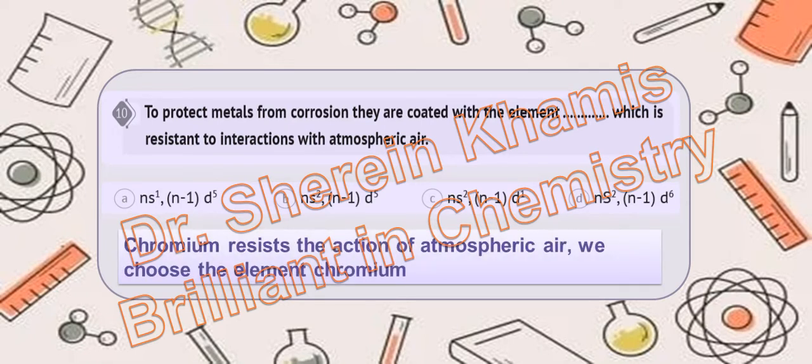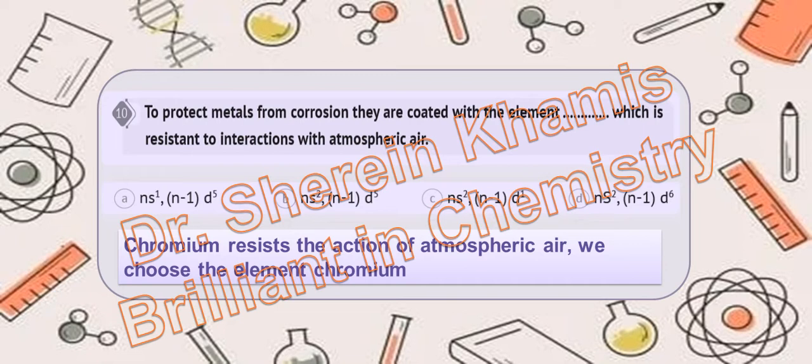That is the main behavior of chromium. As we said in the previous question, chromium resists the action of atmospheric air, or makes a layer that blocks the reaction with air. So we choose the element chromium, with the atomic number 24.